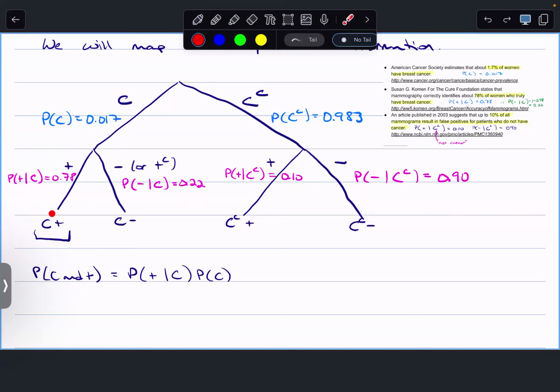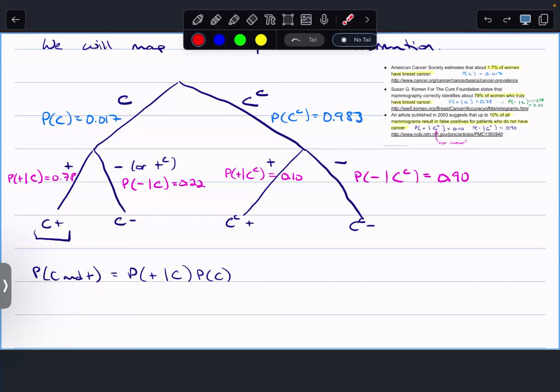So to find the and probabilities, you don't need to work with the formula anymore, because if both of these have to happen, this and this, then you multiply down the branches.